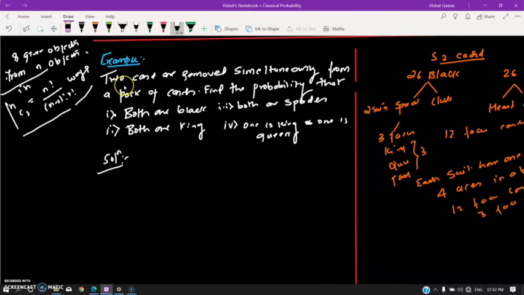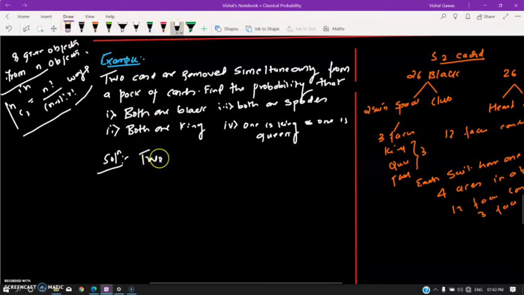So I have 52 cards and I'm choosing two cards from 52 cards. In how many ways can I do that? Each time I take two cards from 52 cards, how many such pairs would I get? If I want to calculate that, I want to find my n. Let's write that down first.